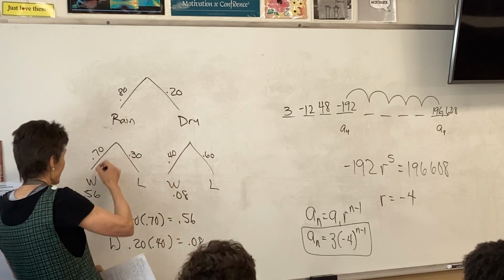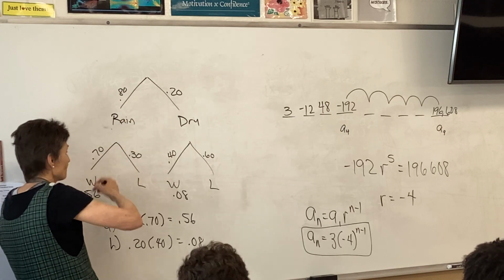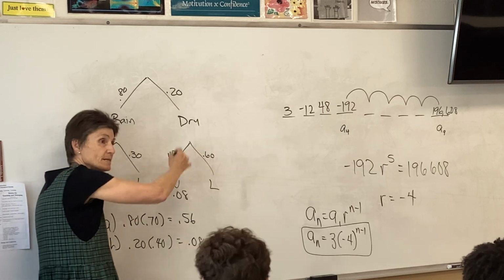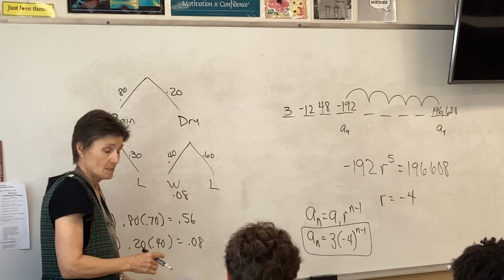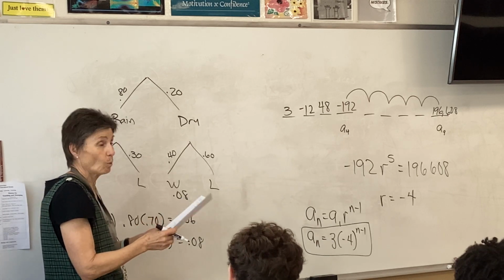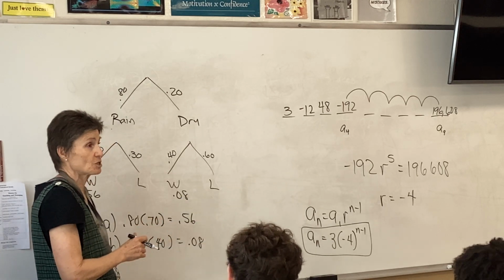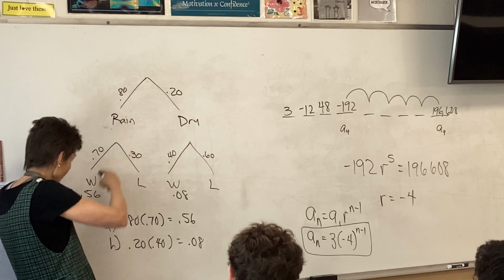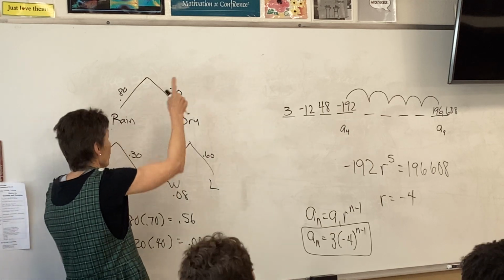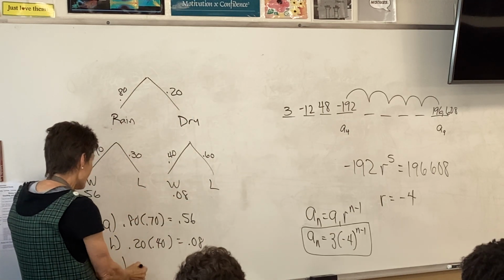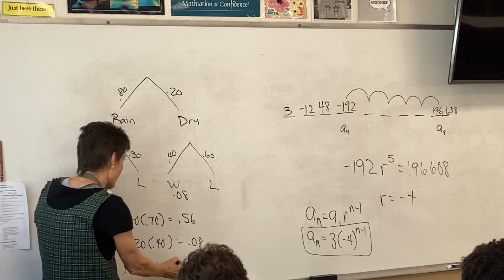So this branch is 56%. This branch is 8%. And the next question says, what's the total probability that she'll win? Well, she can win here, or she can win here. So that's going to be 0.56 plus 0.08.